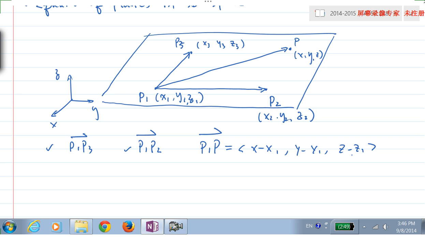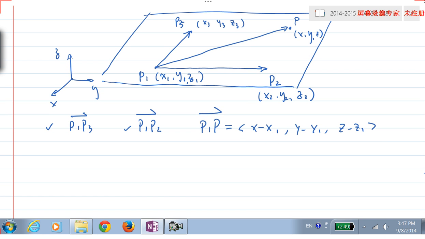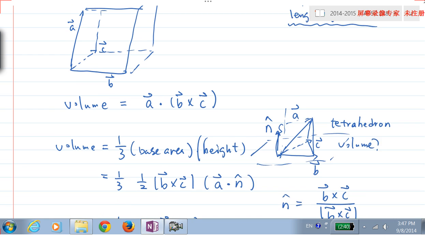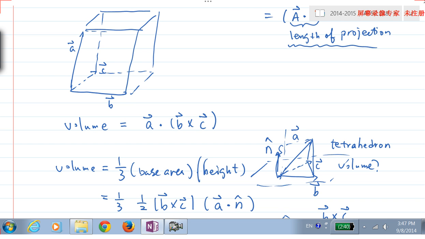We want an equation. So now let's use the idea we just derived: the volume of a parallelepiped is equal to A dot B cross C. In the previous lecture, I didn't prove this, but I do have a proof in the lecture notes, so I'm skipping that.